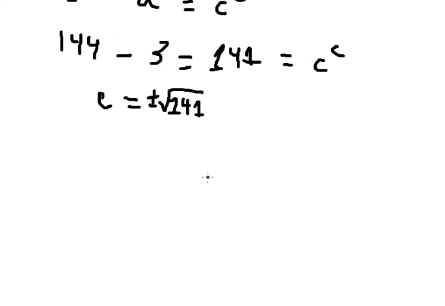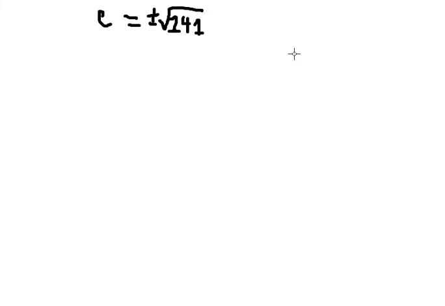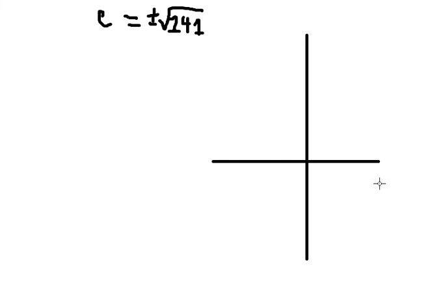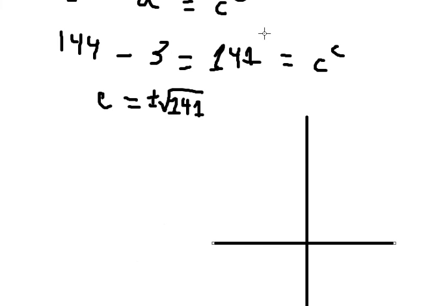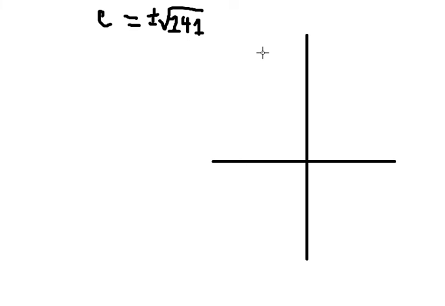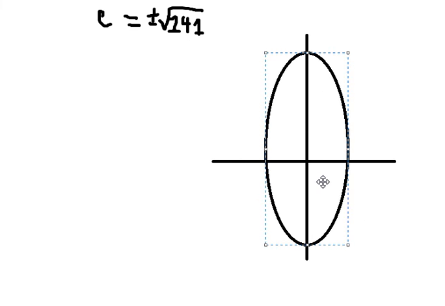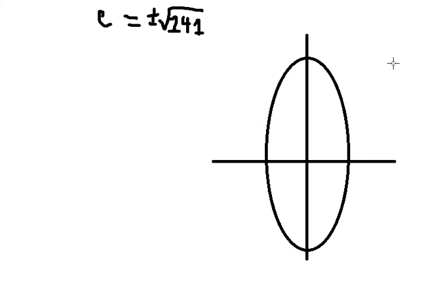Now, we need to graph the figure in here. Because b is bigger than a, so the figure should be like this. Now, the center, we have 0, number 12 in here. So the foci, they should be in here and here.